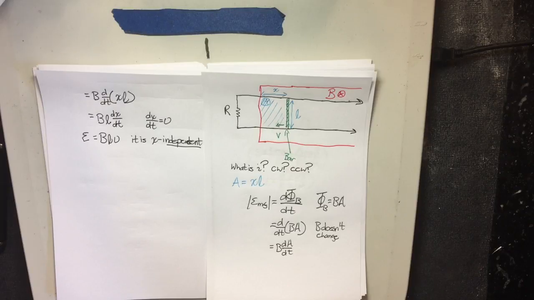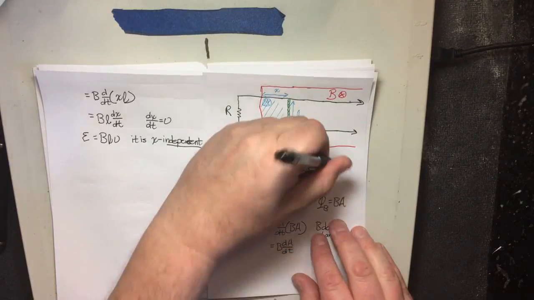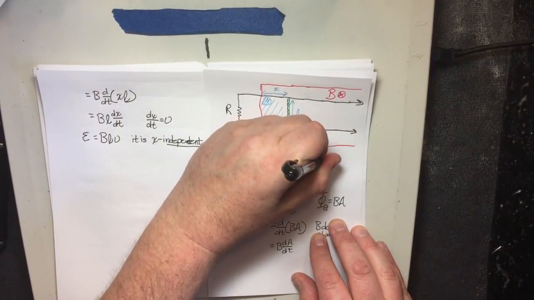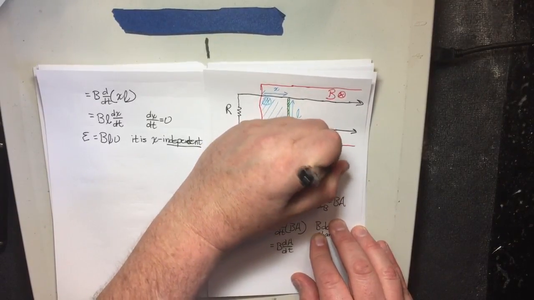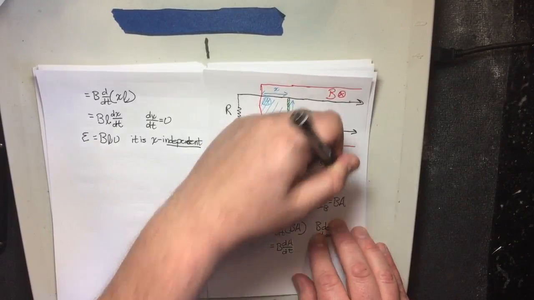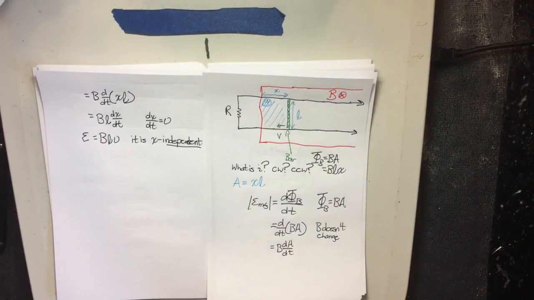And then I'll sit there and watch you try to squeeze 5 meters into the problem. Because you don't need it. Not at all. Now, if I said, what's the flux? Well, the magnetic flux in this case is B times A, which is B times L times X. So if you had to get the magnetic flux, then you would need the depth. But in terms of the electromotive force, no, you don't.